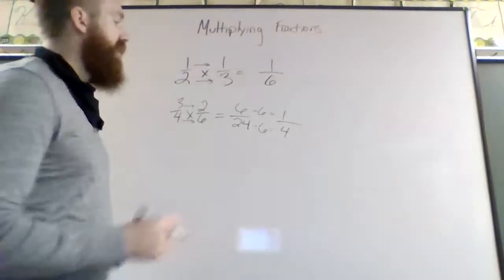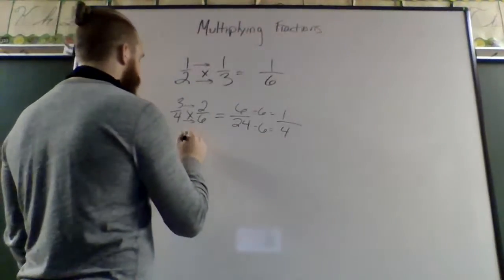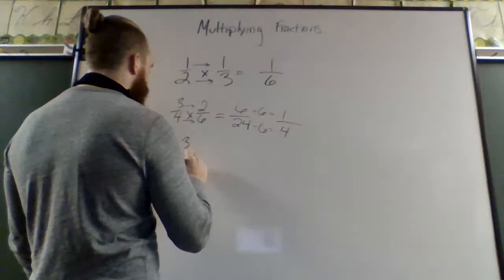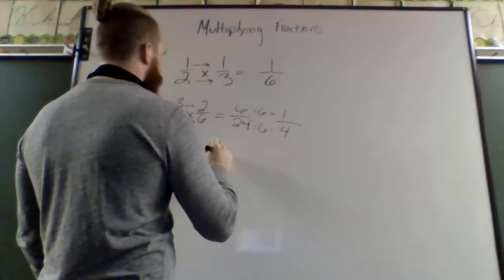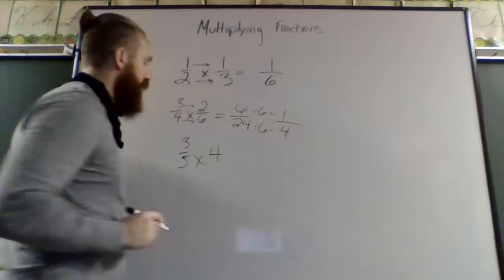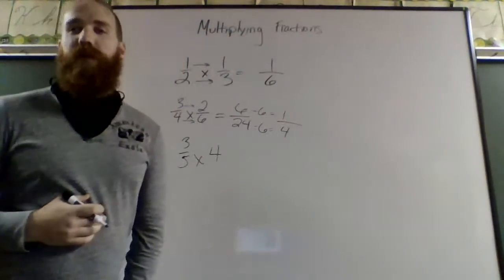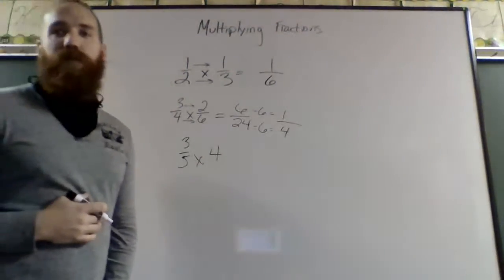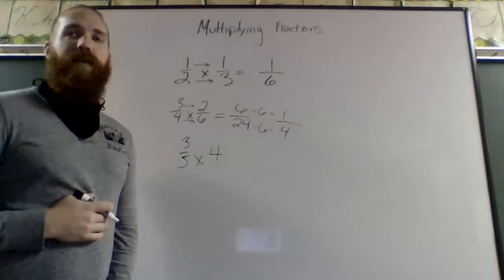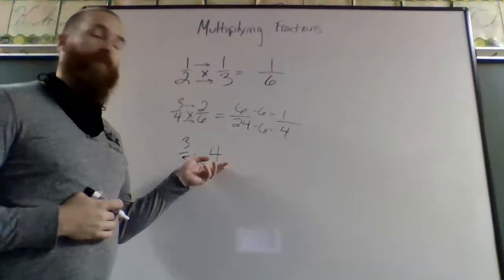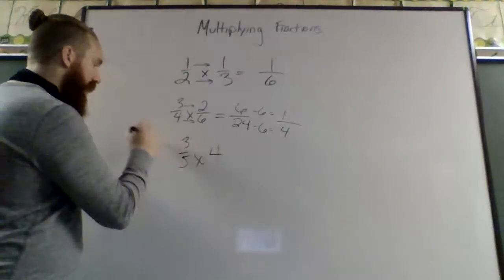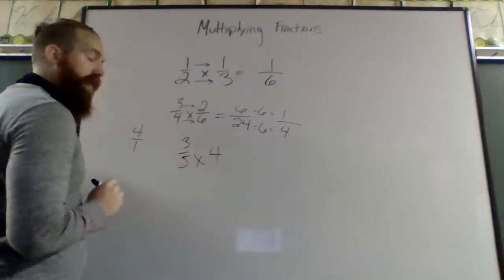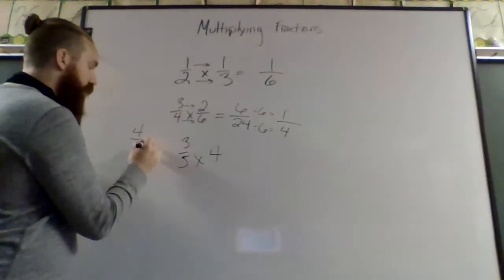Okay? Now let's say we had the fraction 3/5 times 4. Okay? You're going to see problems like this as well, where you have a fraction times a whole number. Now, anytime you have a whole number, the whole number 4, 4 is the same as 4/1, right? 4/1 equals 4.